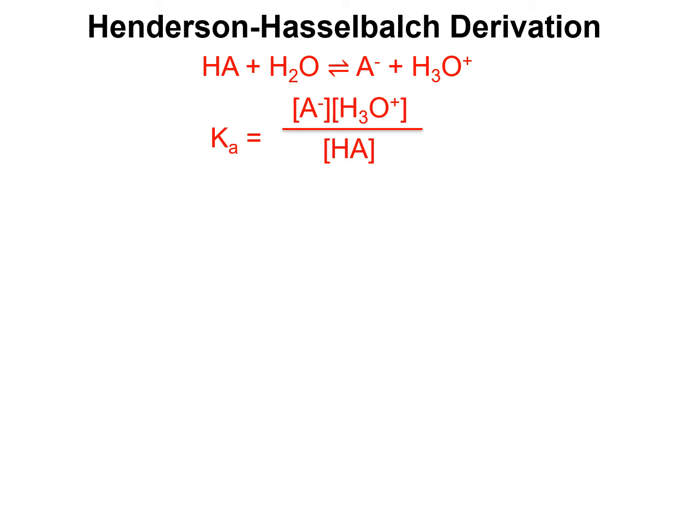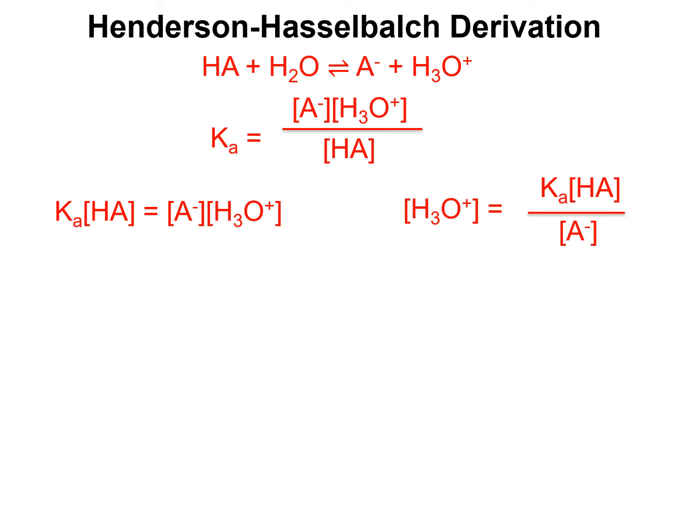If I wanted to keep going without putting numbers in, I could cross multiply my Ka and my HA concentration, giving me my conjugate base and my hydronium ion concentration on the other side.